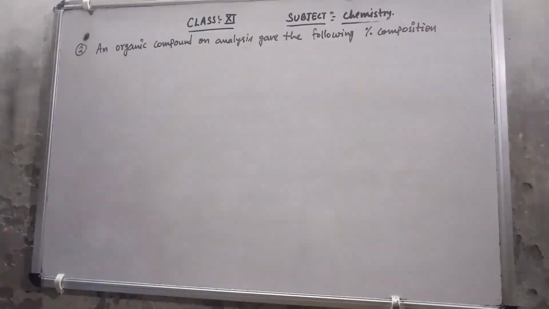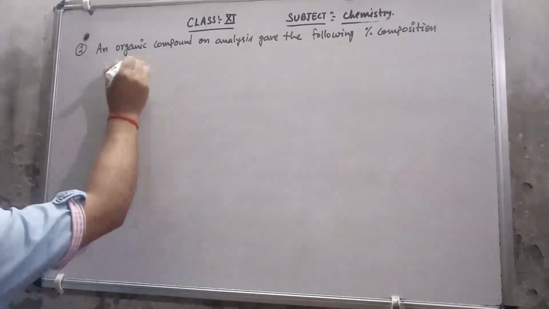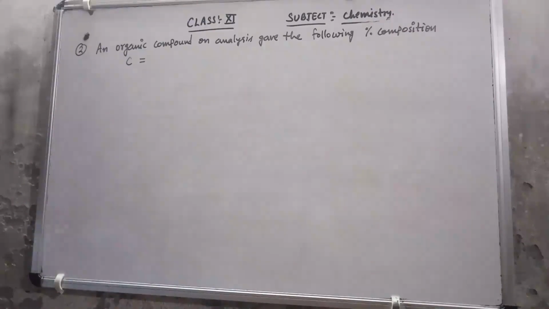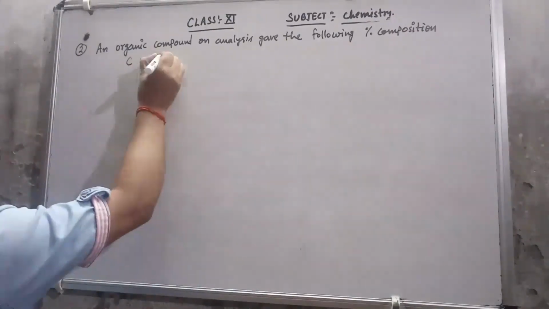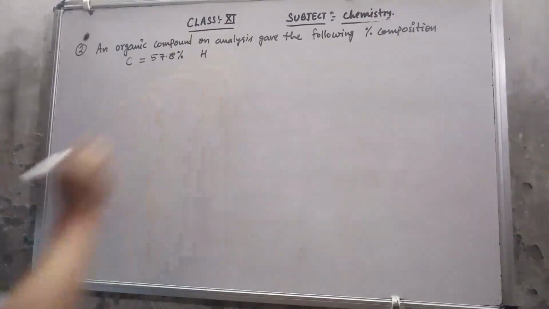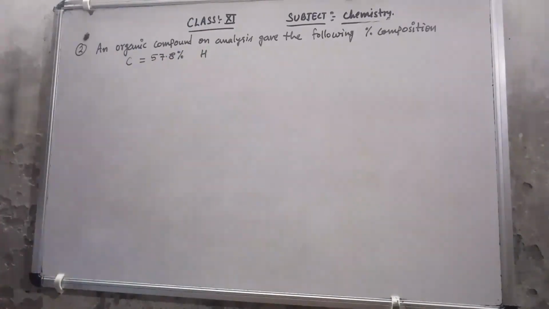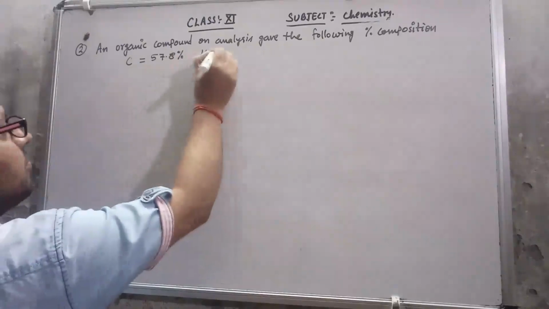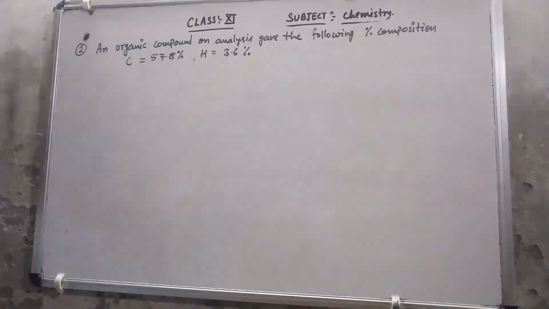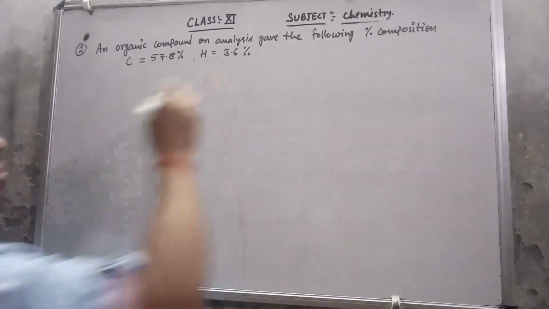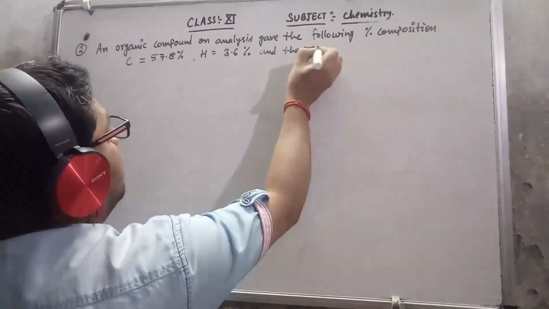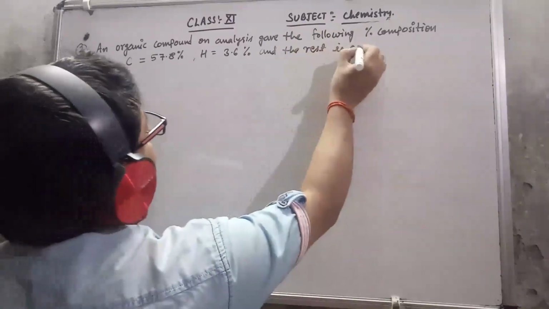Carbon, they have given us the percentage of carbon as 57.8%. Hydrogen they have given us 3.6%. And they have said the rest is oxygen.